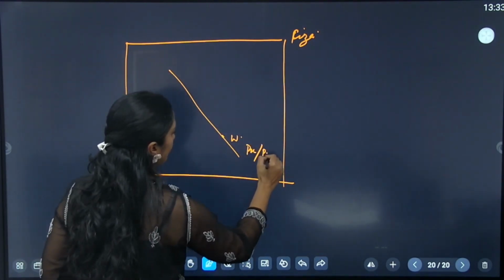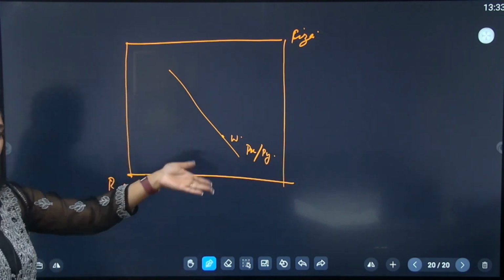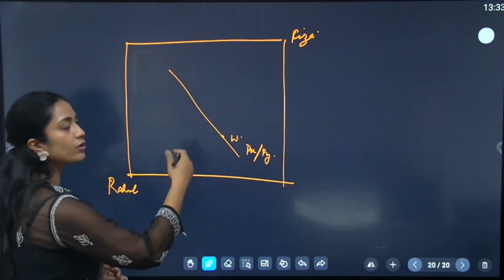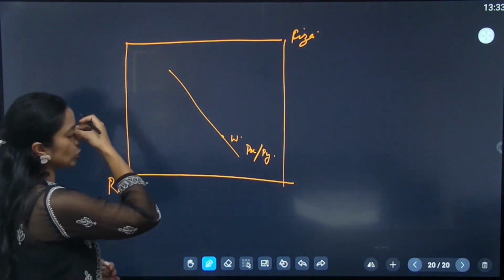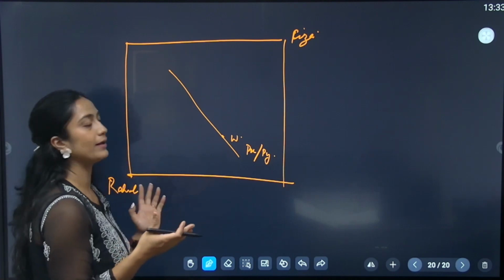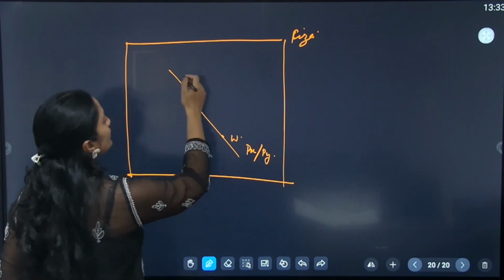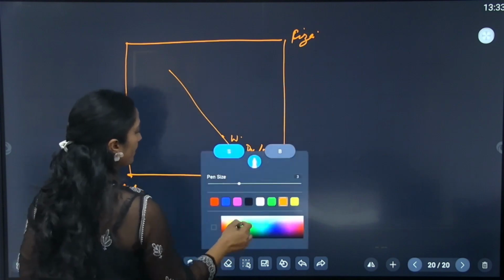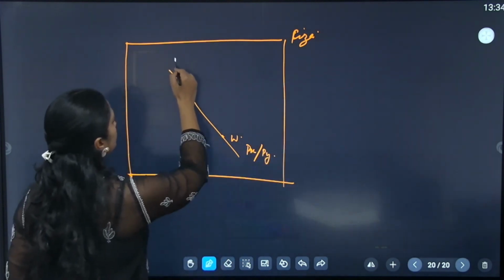Px by Py. Okay, this ratio, of course, the price line is negative of this. The budget line's slope is the negative of this, but we can easily take it to be the absolute value. Now we know that the slope of the IC of Rahul has to be the same.